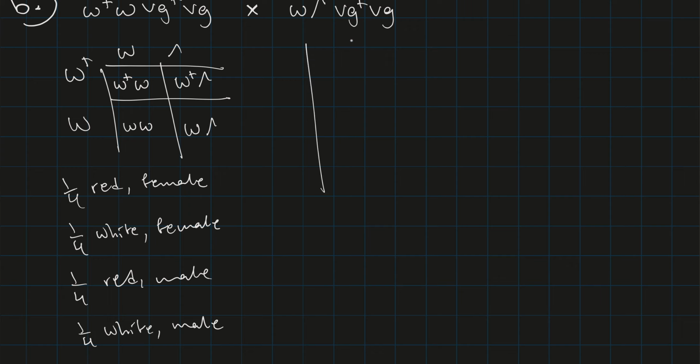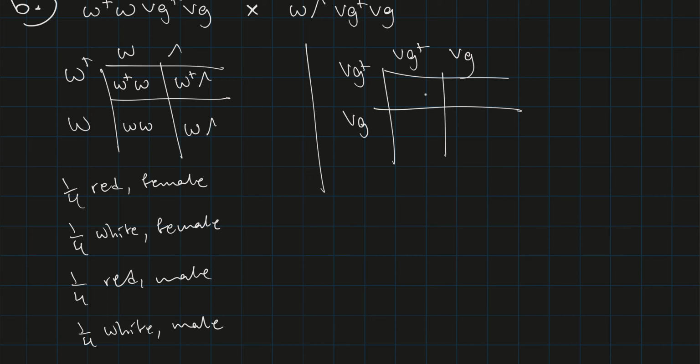Now, for the wing trait, we have 2 heterozygotes being crossed together. And when those are crossed together, we're going to get 3 different genotypes. We're going to get a homozygous dominant, 2 possibilities for a heterozygote, and then we have a homozygous recessive.